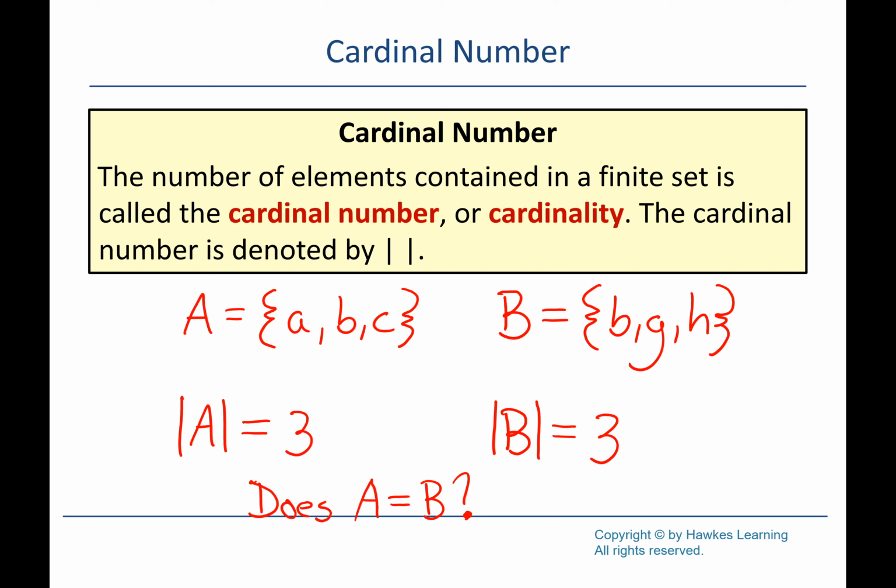These two sets are not equal because they don't have exactly the same members. They don't have exactly the same objects in them. B's in both of them, right? But A's not in this one, C's not in this one, G's not in that one, H is not in that one. Since they're not exactly the same elements, those two would not be equal.